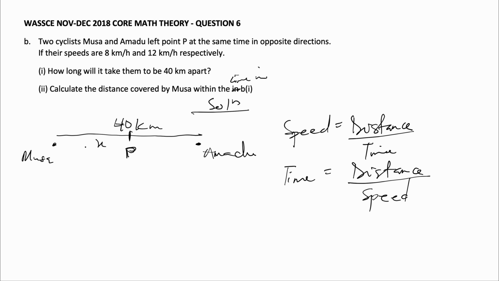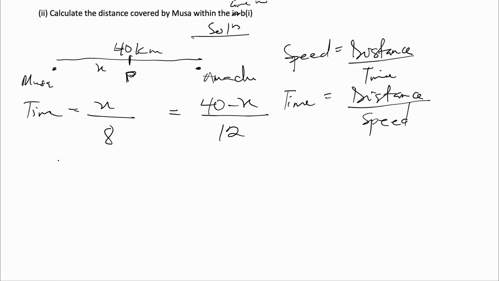So if Musa travels X kilometers, and after the X kilometers the distance from Musa to Amadou is 40 kilometers, then it will take Musa X over his speed, which is 8, and it will take Amadou 40 minus X over 12. So from this relation, X over 8 is equal to 40 minus X over 12.